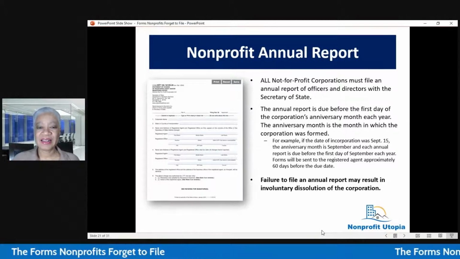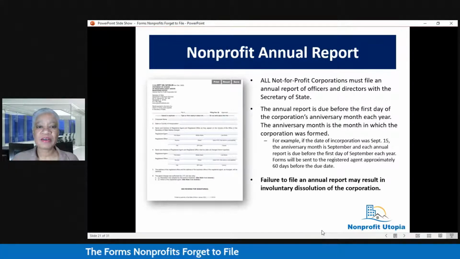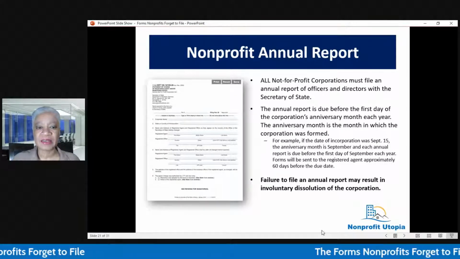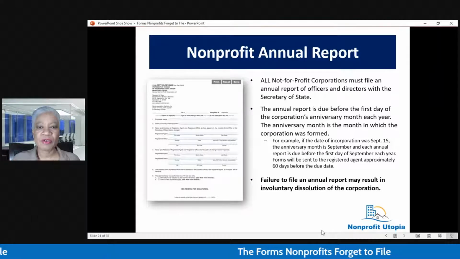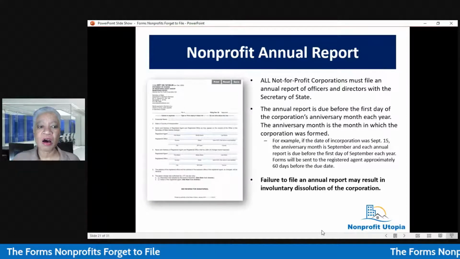All right. And it's really, really critical that you file this form. If you don't file this form, the Secretary of State can dissolve you involuntarily. There are organizations that I know of that are out there raising money and they didn't realize that their organization was dissolved.